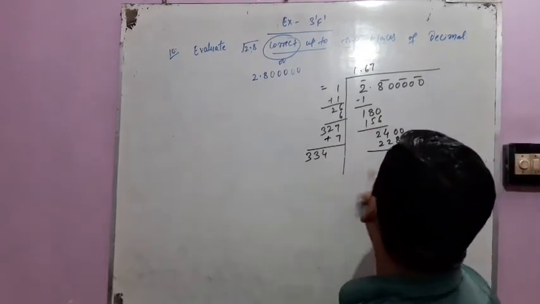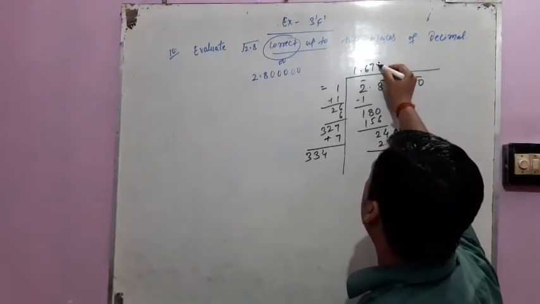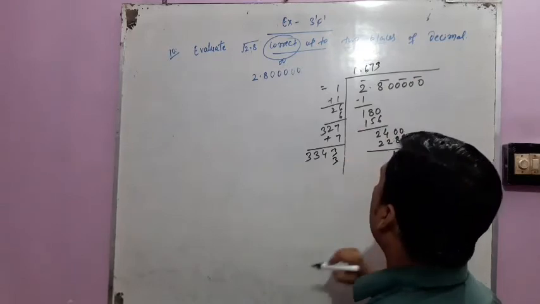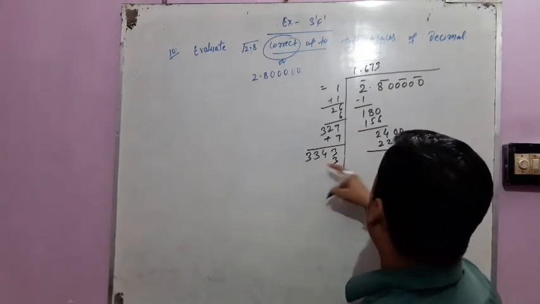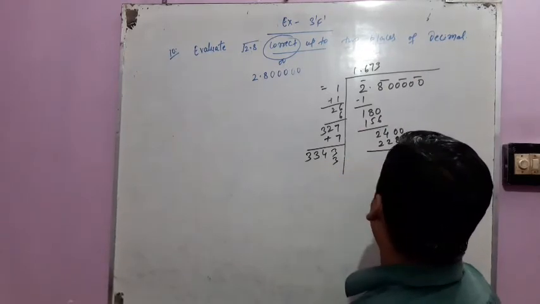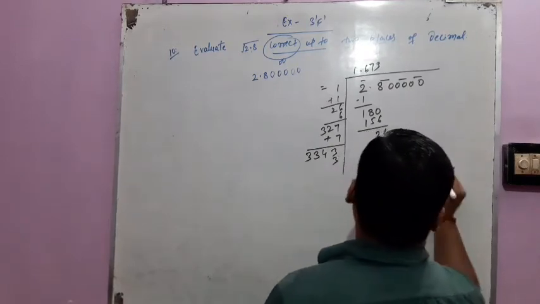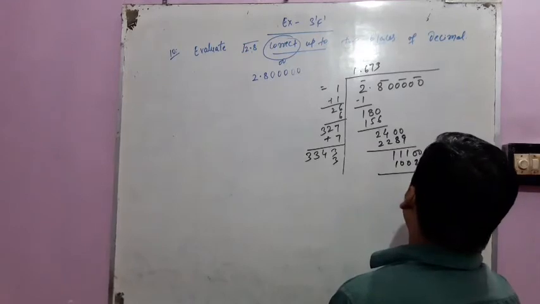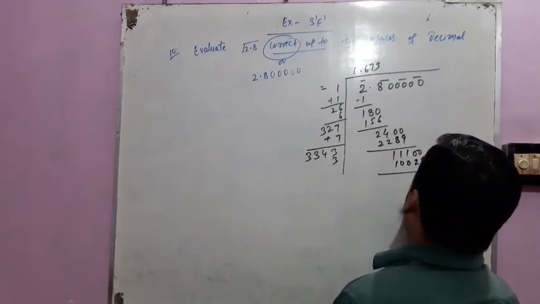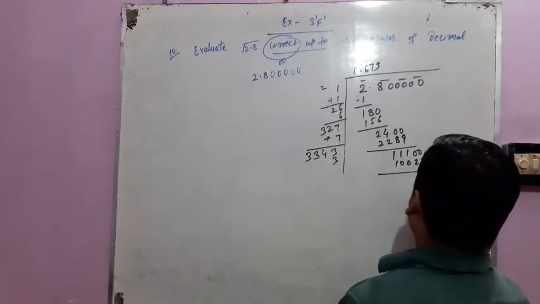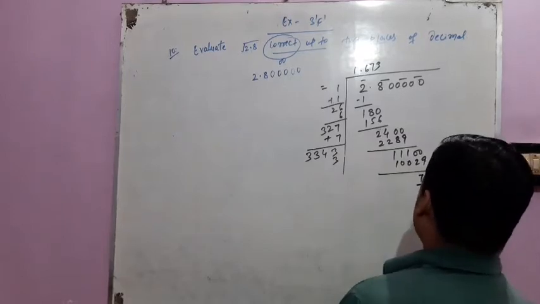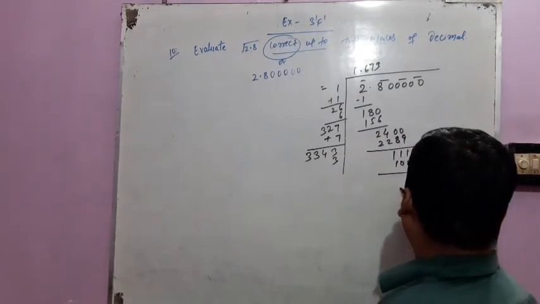Now, by which number will we multiply here? Of course with 3, because 4 times it will be greater. 3 times 3 is 9, 3 times 4 is 12, 3 times 3 is 9 and 1 is 10, 1 in the hand. 9 and 1 is 10.